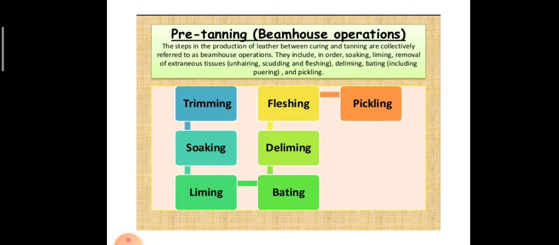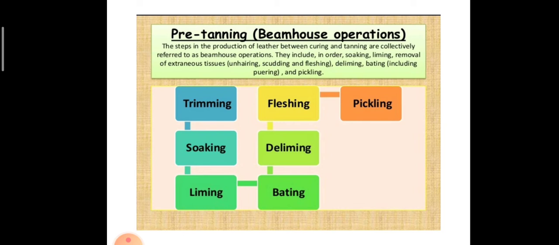So dear students, tannage. The hides and skin are now tanned by whichever method is appropriate, using vegetable tans, chrome, alum or oil, etc. After tannage, the order of these processes varies considerably for different types of leathers.